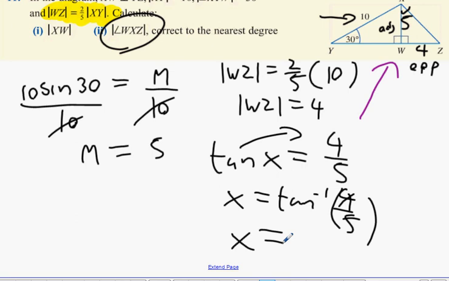Anybody got tan inverse 4 over 5 for me? 53.13? Is it? Somebody do it. Tan inverse 4 over 5, what do you get, Dylan? Was it? Okay, so 39 rounded off. I had a wild guess.